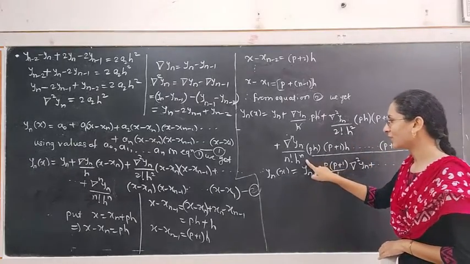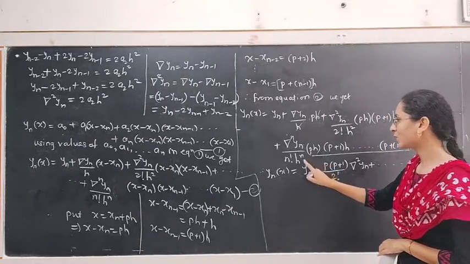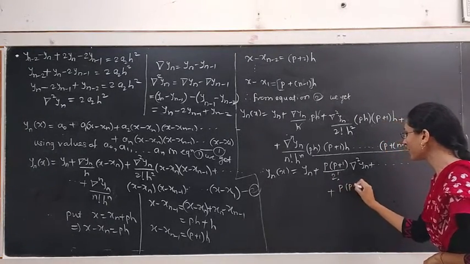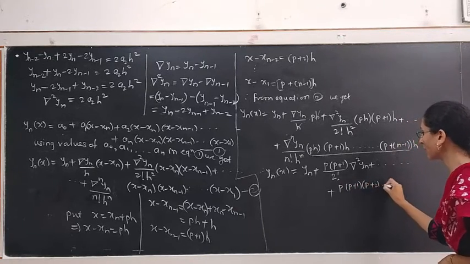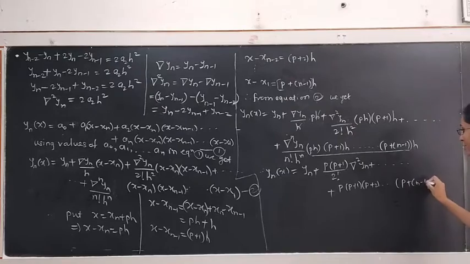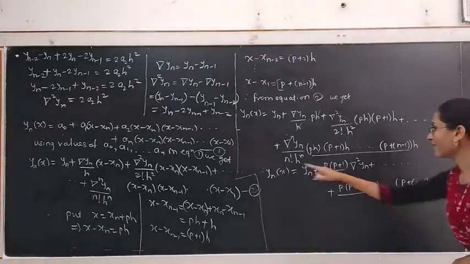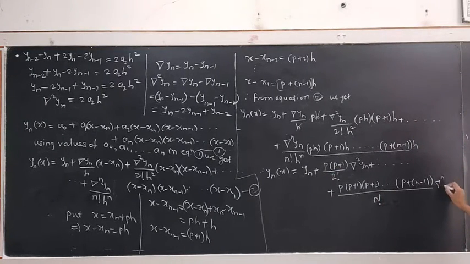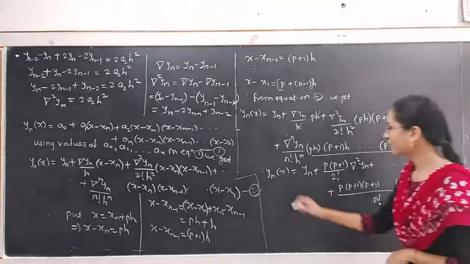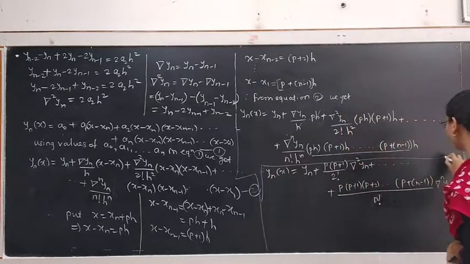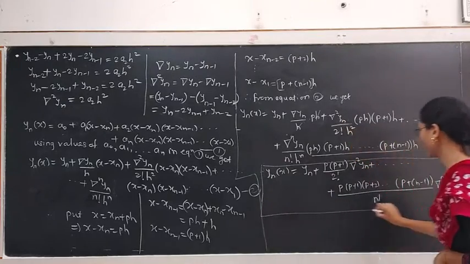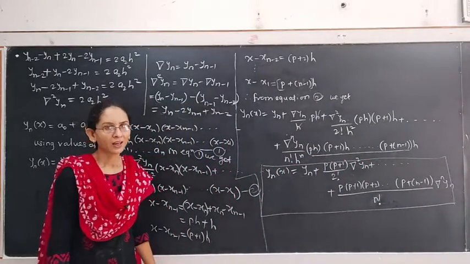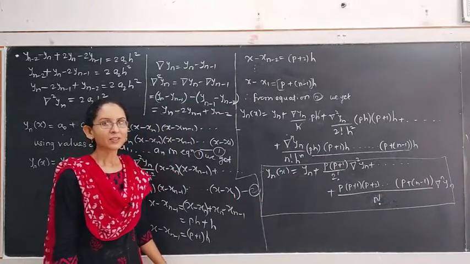It is cancelled with the h raised to n in the denominator, and the remaining term is plus p into (p plus 1), (p plus 2) up to (p plus n minus 1) upon n factorial into del raised to n yn. This is what Newton's backward interpolation formula is. Generally, we use this formula to find the value of y at the end of the backward difference table.